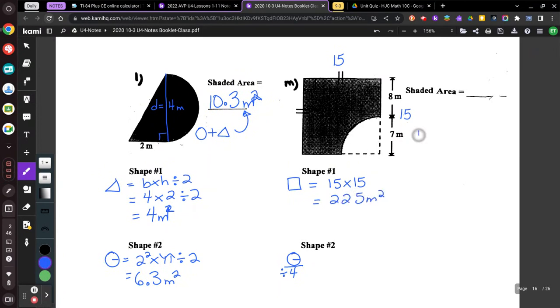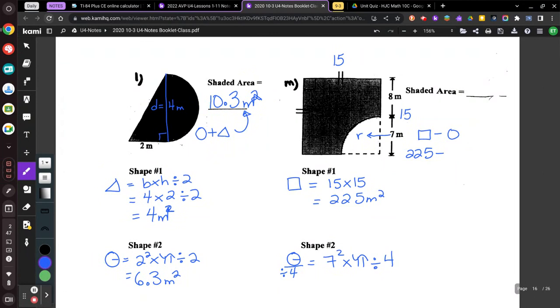Our answer is going to be square subtract circle. So far I know I've got 225 subtract something. They're telling me the radius of my circle. The radius is the 7. That's our radius. So we're going to have 7 squared times pi divide 4, because it's only a quarter of a circle.